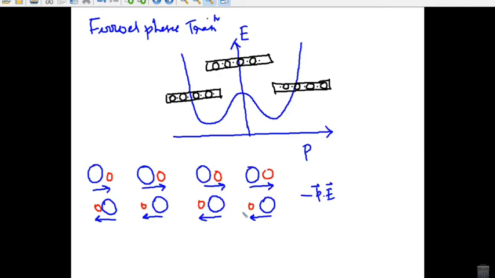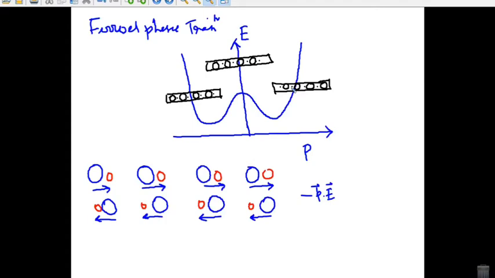So given that we know the crystal is stable in either of the two polarized states, there must be an energy barrier between the two states. And we can sketch the curve for the energy as a function of polarization like this, where we switch between the two states.